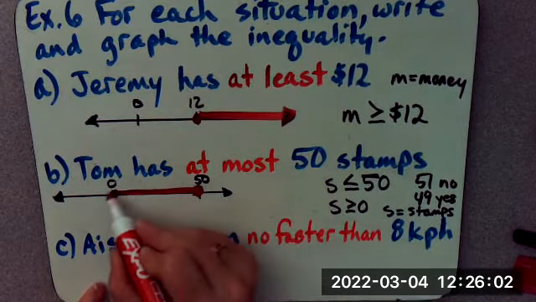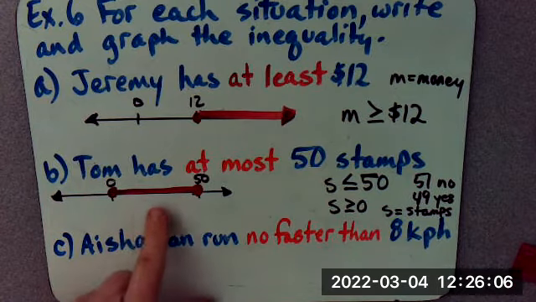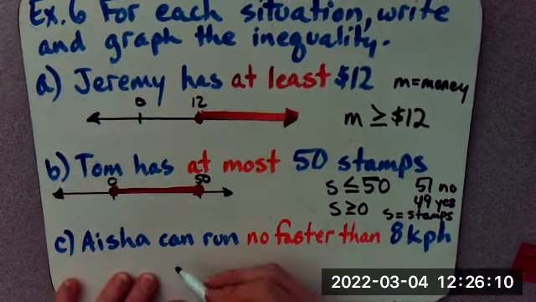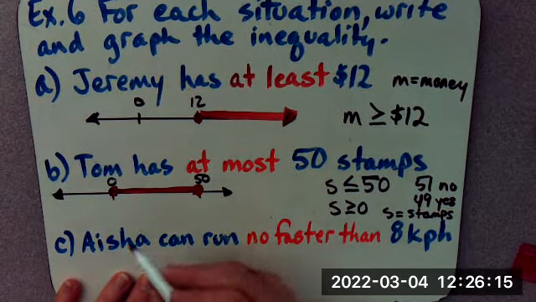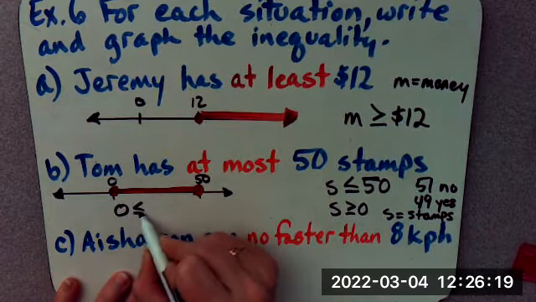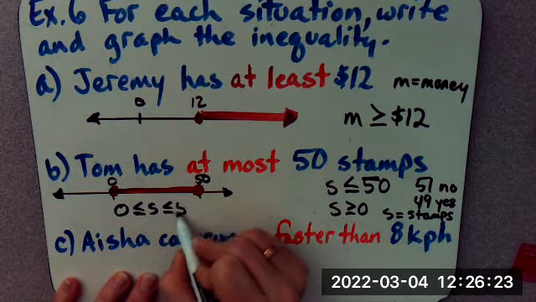So this would be the graph. It's still an infinite number of solutions, but it's between 0 and 50. The sophisticated, the fancy way to write this is 0 is less than or equal to S is less than or equal to 50.